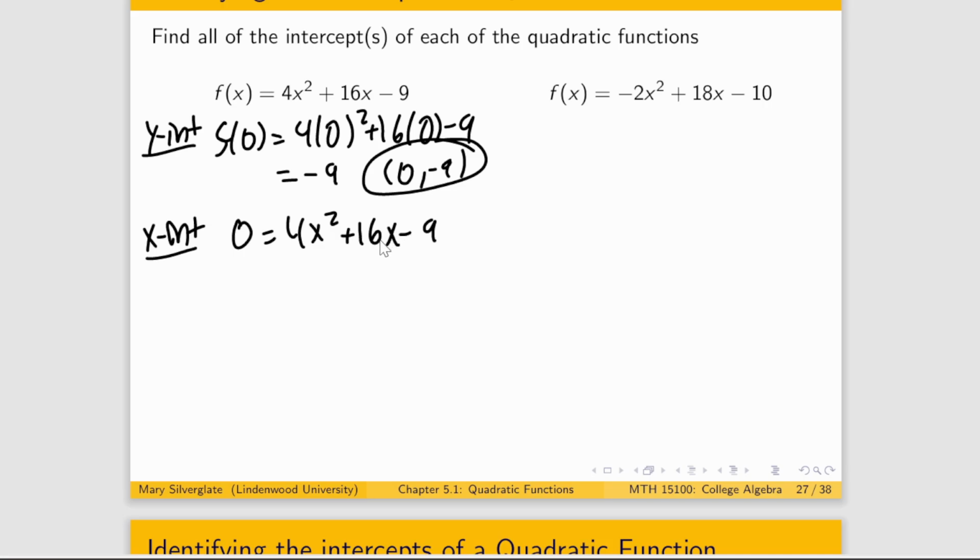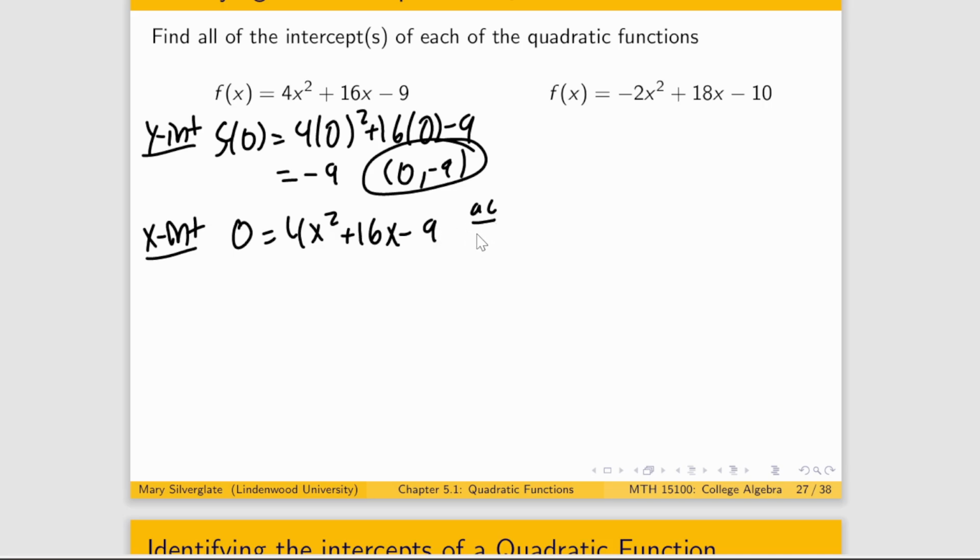Then I want to think through what's the best method to solve this. So first of all, if all three of these terms have a greatest common factor, I definitely want to factor that out first. In this case, they don't, though, because of this pesky -9. Like 4 and 16, 4 goes into both, but for -9, only 3 and 9 and 1 go in, so that's not very helpful. Then I want to see if the AC method is going to work.